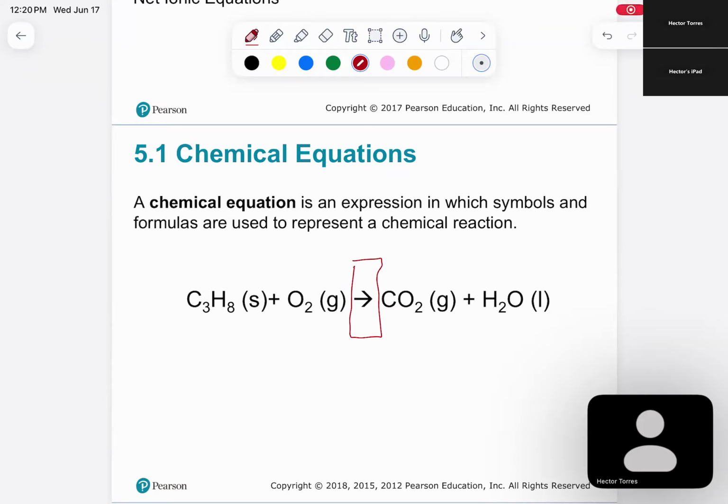This left side of the equation is called the reactants, and the right side is called the products. The reactants are the ones that you mix together. Products are the ones that you are making. We'll go over different parts of it more in depth on the next slides.